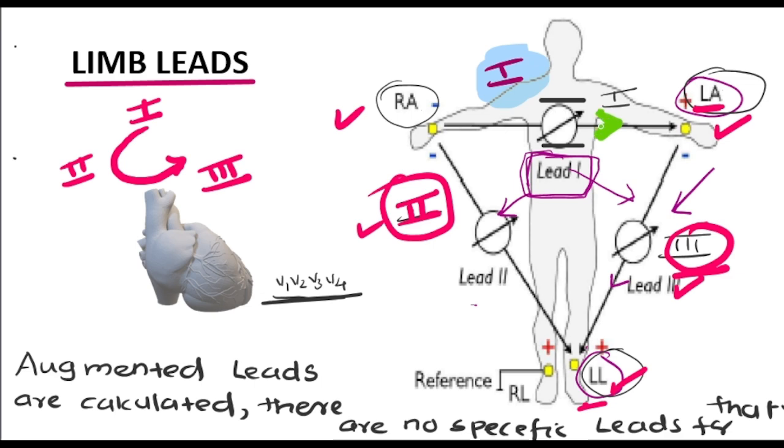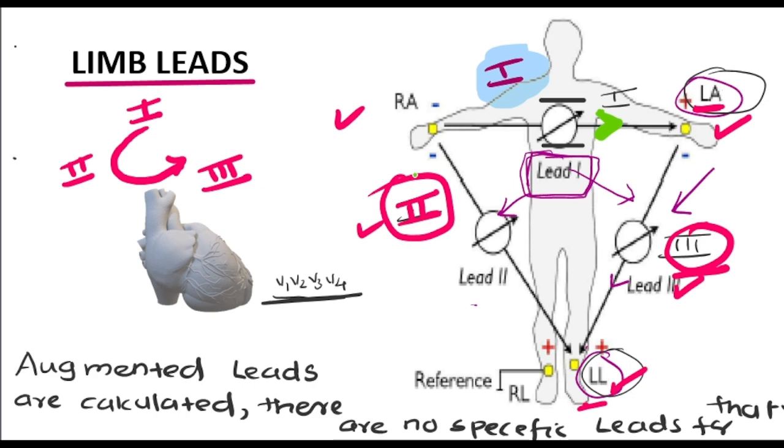Why it's the left side, I'm not going to go into that, because you can see here some charges that influence the direction, and we don't need that. So lead 1 direction is towards the left side.